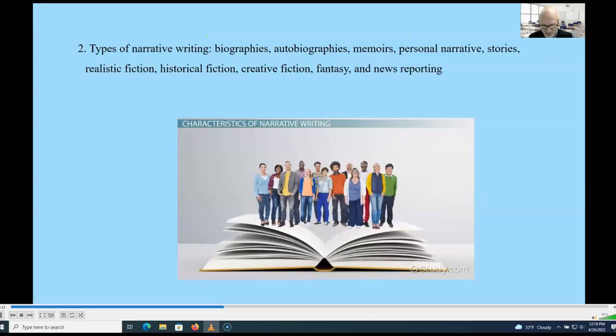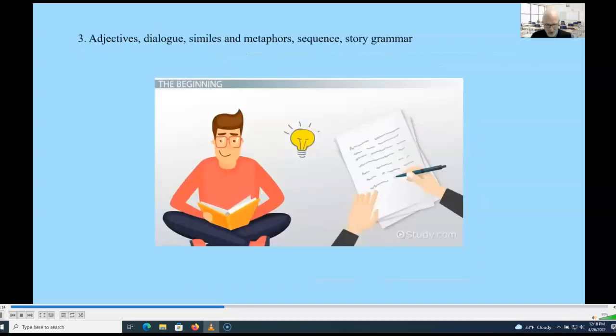We'll be looking at some of these today. But the goal is to create a movie in the head, to make it come to life. So this type of writing uses adjectives, dialogue, similes, metaphors, sequence of events. Expository writing doesn't. Persuasive writing usually doesn't. That's the difference between these genres of writing.